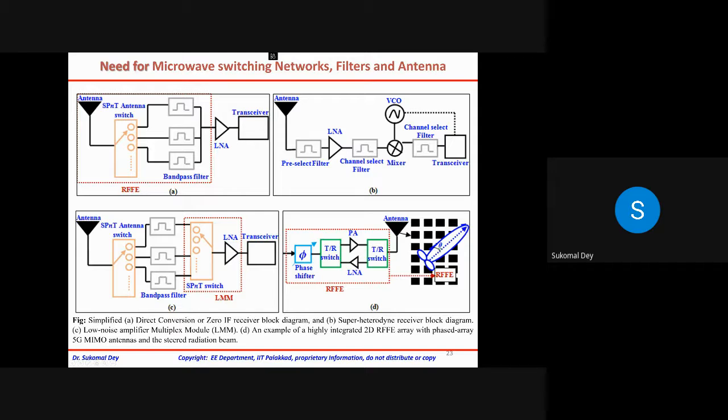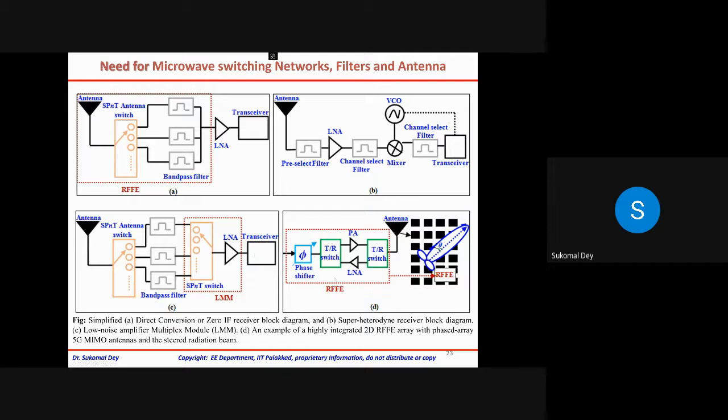Here I have written RFFE, which stands for radio frequency front end. Now, in this third one, what is happening? You have an antenna, then a filter. After the signals reach the filter, you connect a switch, and through the switch the LNA is working. So this is basically a receiver network, and then you are sending it to a complete transceiver.